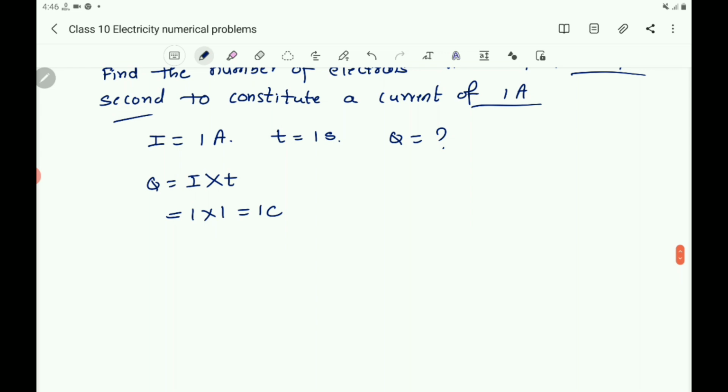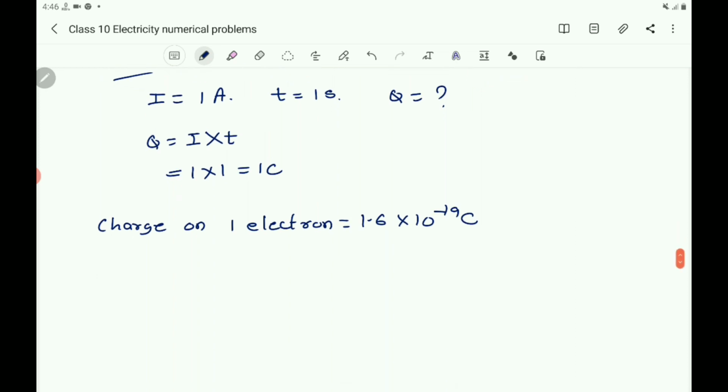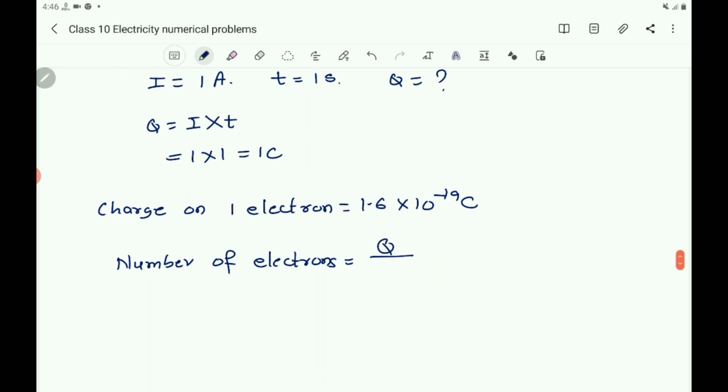And it is already shown the charge on 1 electron equals 1.6 into 10 power minus 19 C, and the number of electrons equals Q by the charge of 1 electron E, that equals 1 C by 1.6 into 10 power minus 19.